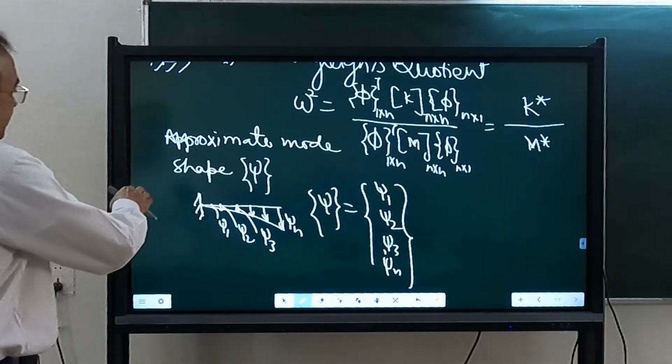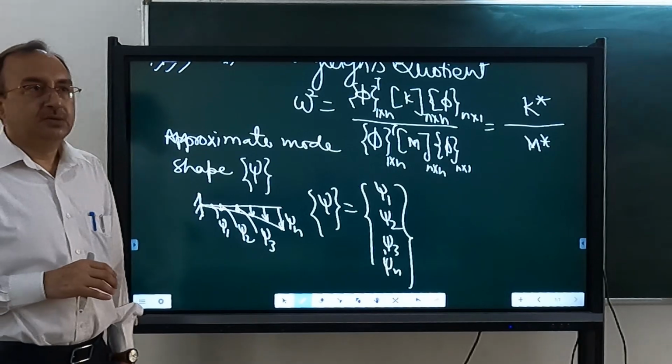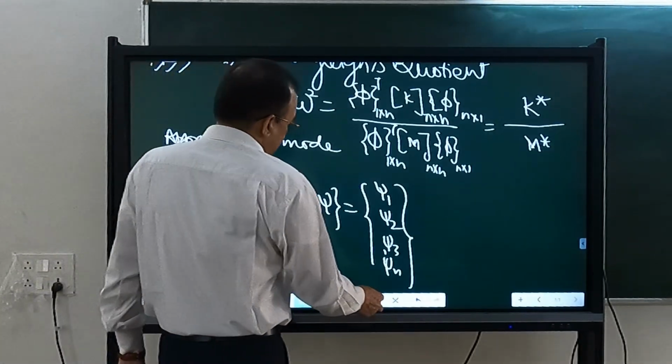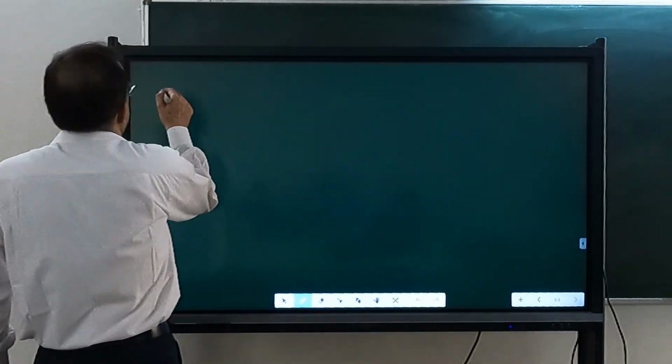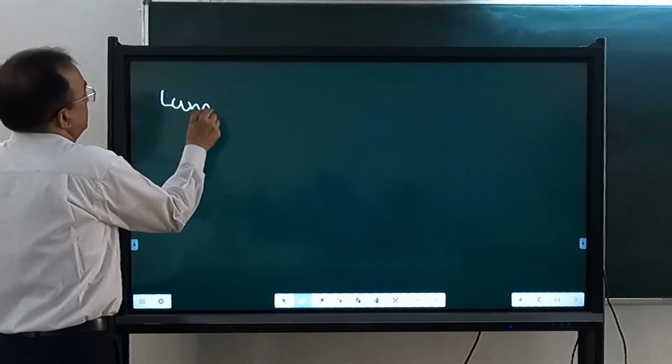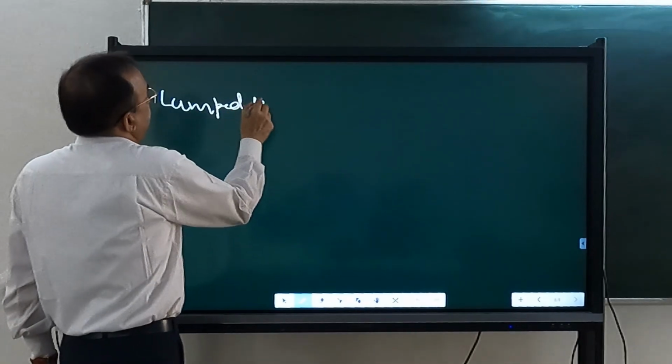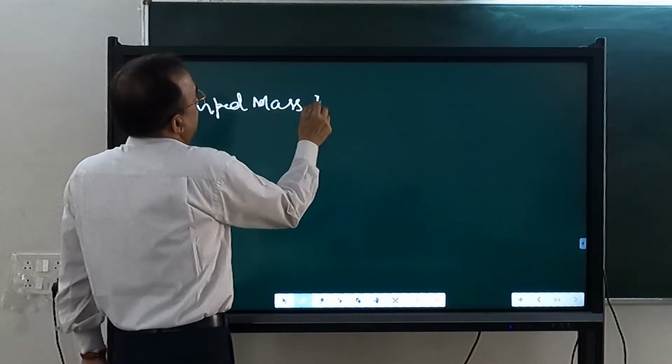Now, it is a continuous system actually, but what we can do is we can use a lumped mass model.